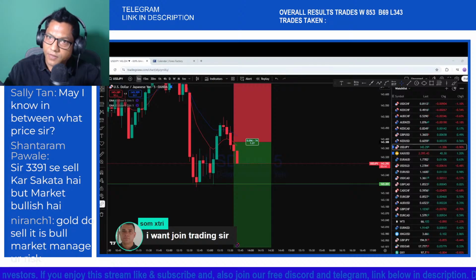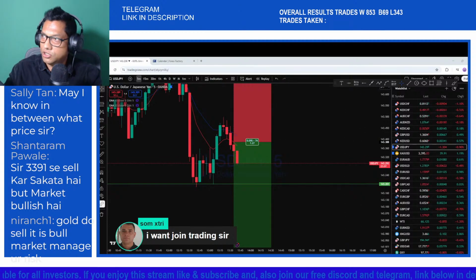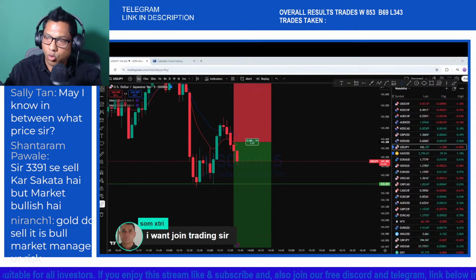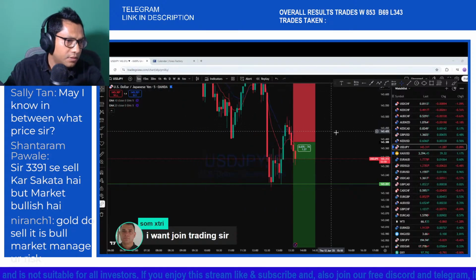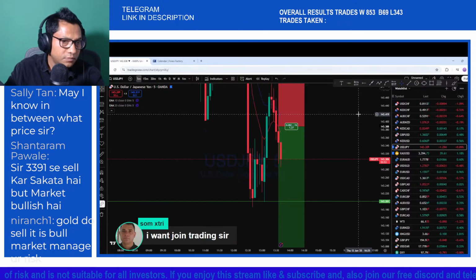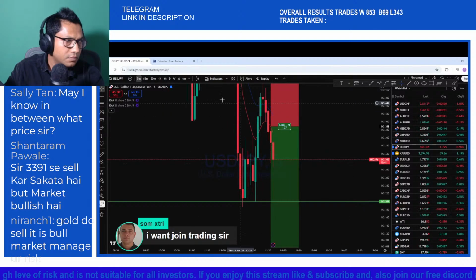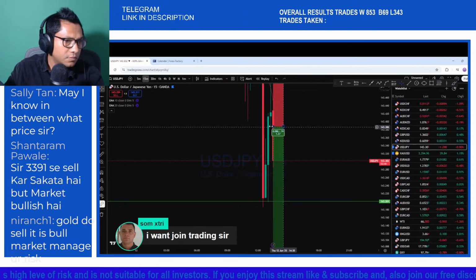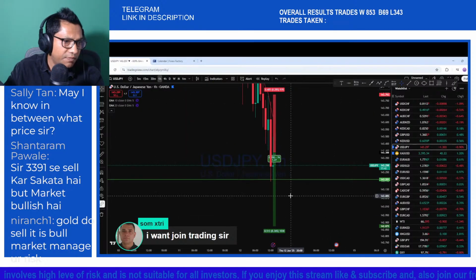And in the meantime, this is the second position that we are running, after the earlier position closed on dollar yen. So on the 1 hour perspective, it's on the support level.